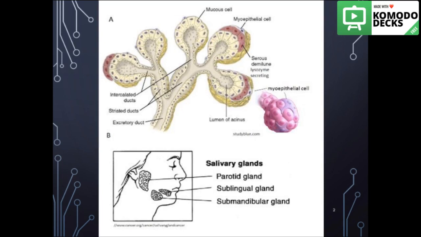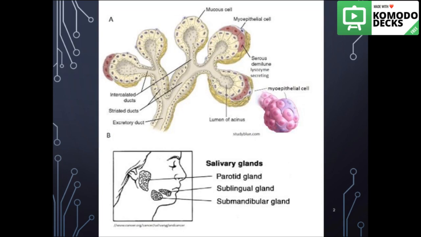We have the acinus, which is the end secretory factory for the saliva, and the duct system from smallest to the largest excretory duct. It may be of mucus type, serous type, or a mixed type.